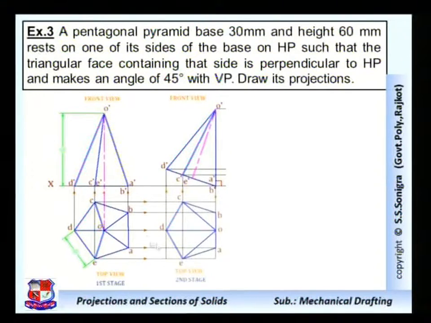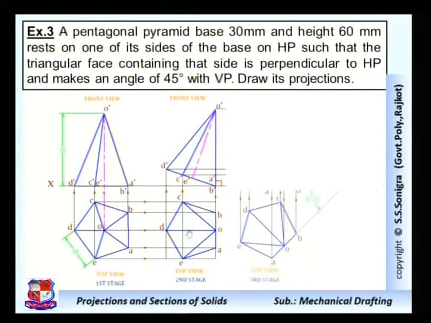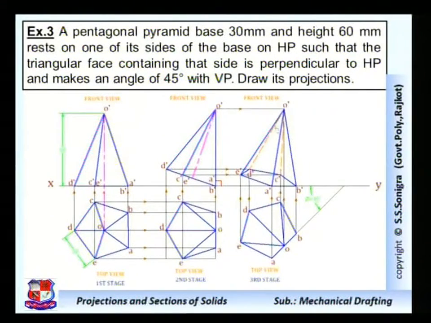Then we have taken the projections from this front view to here, top view to here, and we have drawn this top view in the second step. In the third step, we have tilted this top view at an angle of 45 degree with xy line, and then we have taken the projections, and this is the front view. So this is the solution of this problem, and this angle is 45 degree.